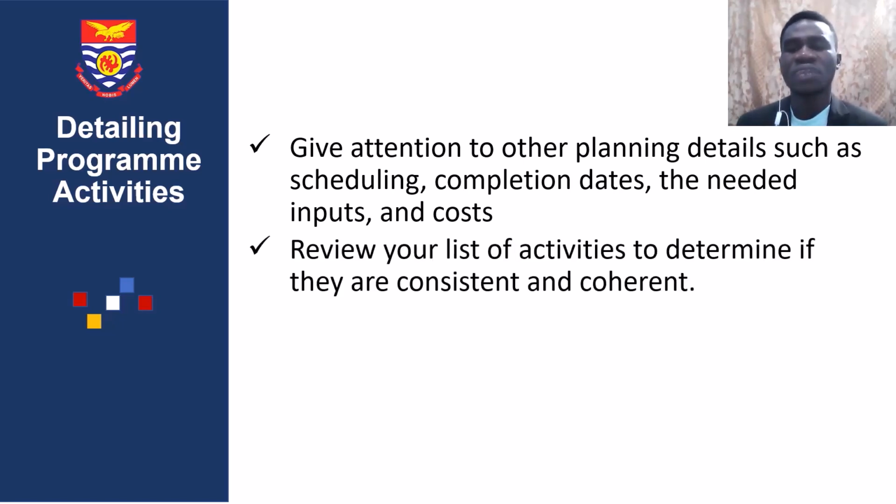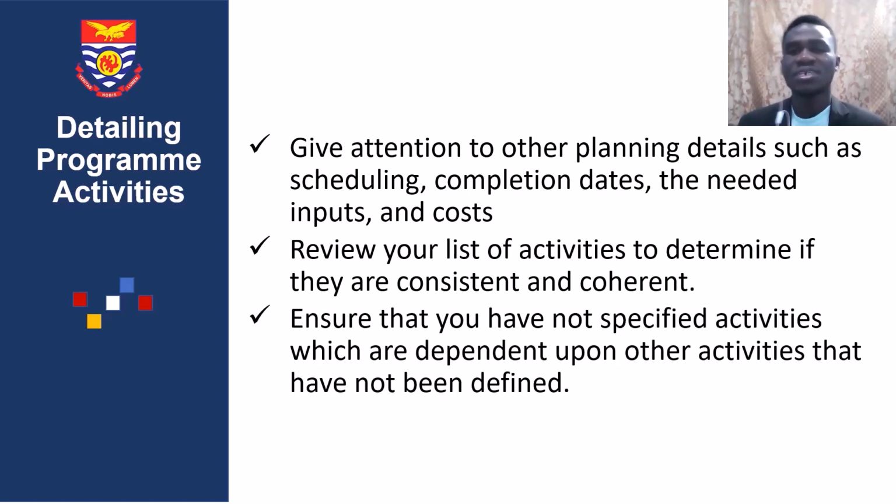Review your list of activities to determine if they are consistent and coherent. Find out whether the activities that you have stated can really help you achieve the goals and the objectives that have been stated. Then ensure that you have not specified activities which are dependent upon other activities that have not been defined.